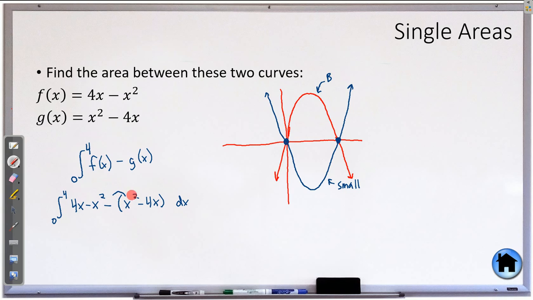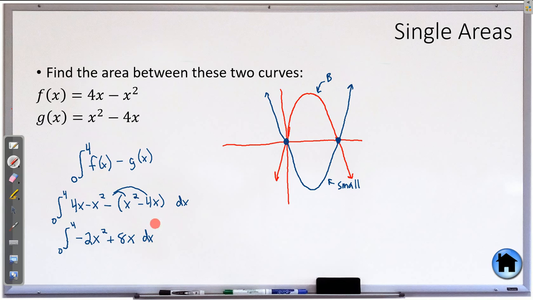That's another negative, and that one will be a positive. So a negative x squared and a negative x squared is negative 2x squared. And then a positive 4x and a positive 4x is positive 8x.